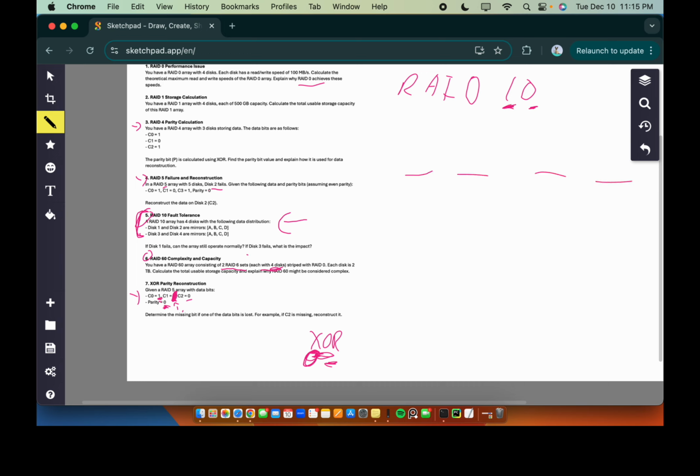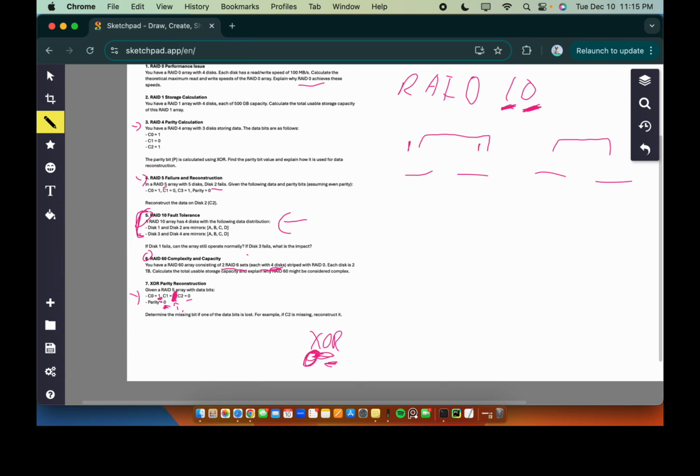We have mirroring, and then we have striping, or stripping. It's called striping in the notes, but he says stripping. It's the same thing. So what this is saying is that we're going to have 2 groups. We're going to split this into one group, this into one group. Inside group, outside group.